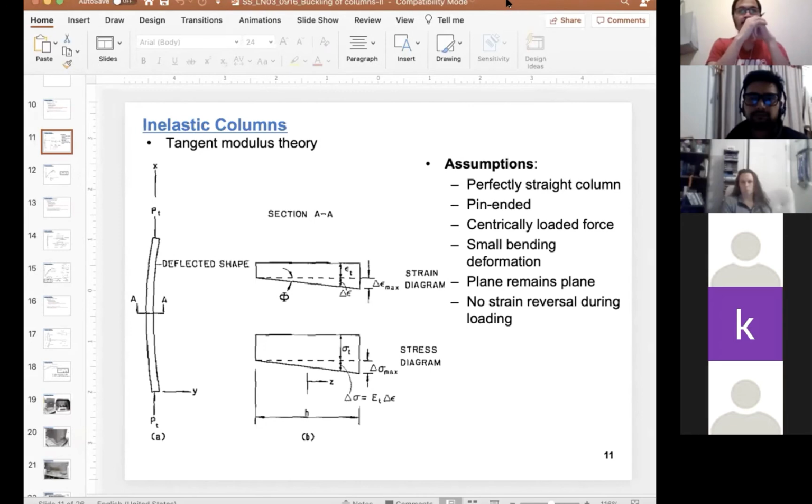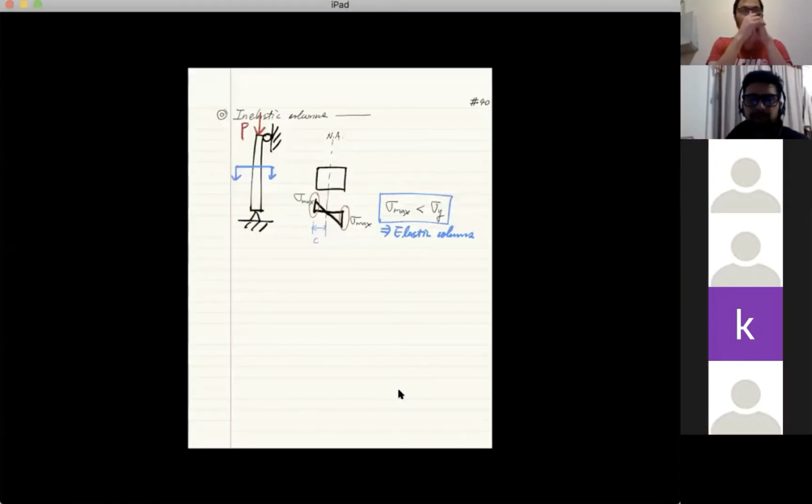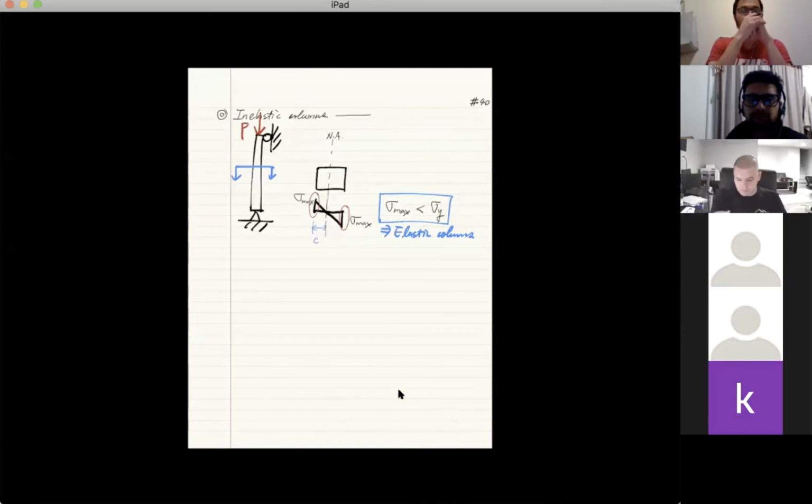In tangent modulus theory, we simplified the failure or the yielding of the column by two straight lines. And the consequence is that when it comes to calculating the plastic loads, we're going to have this kind of behavior.